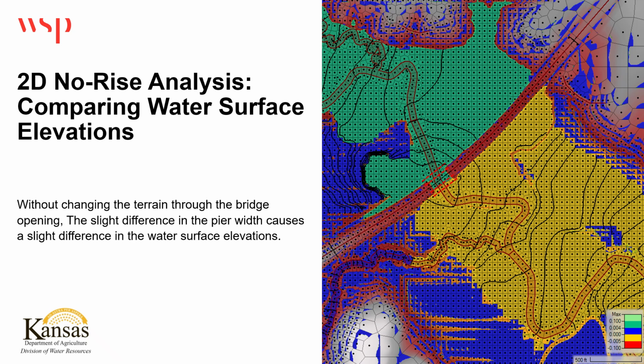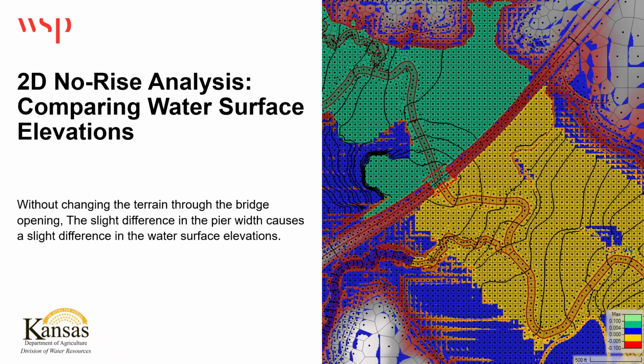And when we put our evaluation lines over the top of this color scale, it becomes pretty obvious that our model does not meet current no-rise criteria because there is more than 1/100th of a foot of difference across entire evaluation lines.